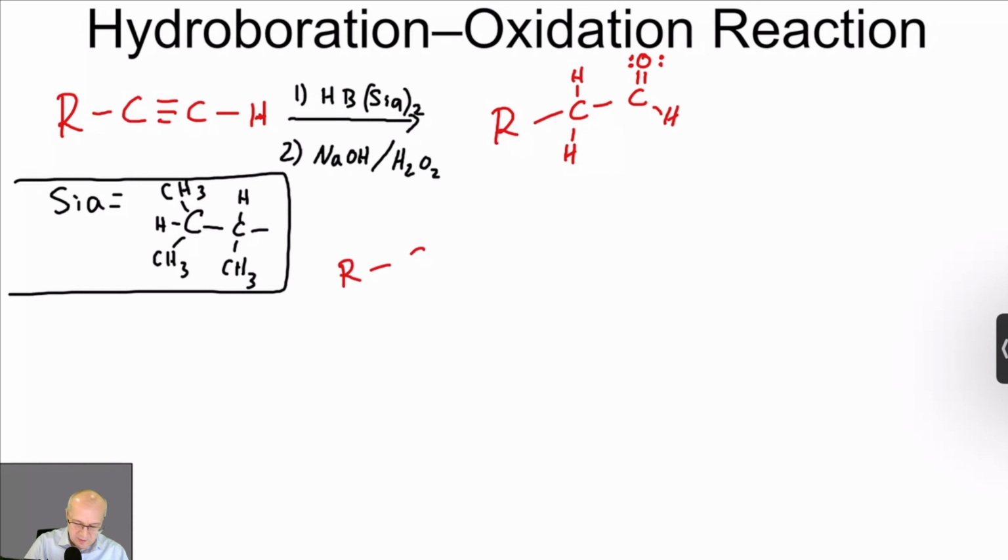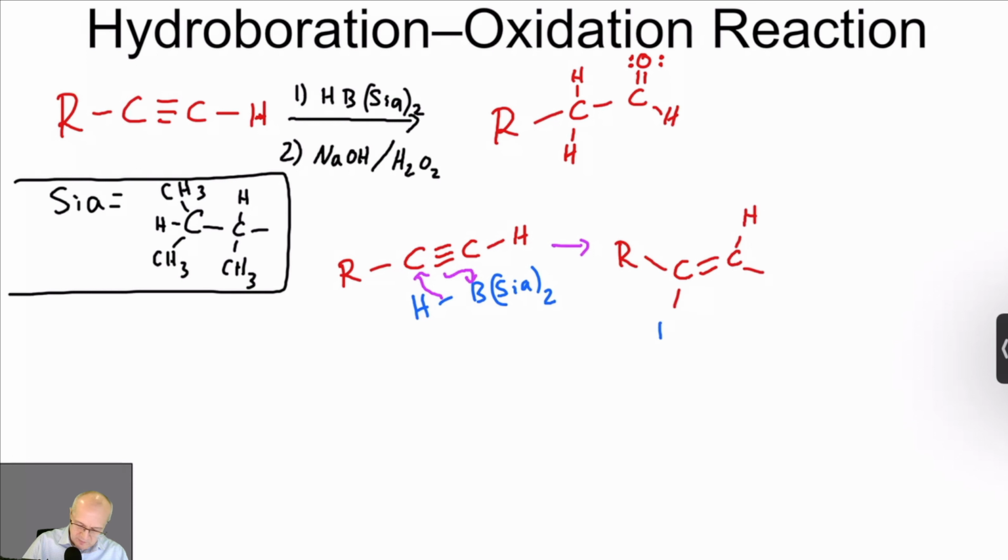You already know that pi bonds are reactive to boron. There's nothing really new here. So the boron and the hydrogen from the boron add in a syn fashion. That's the first step, and you already knew that.